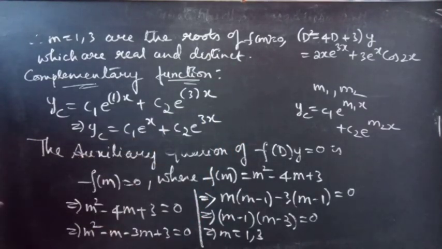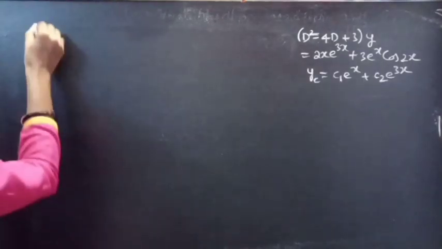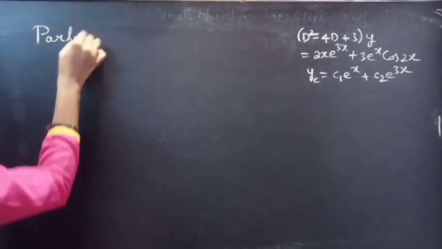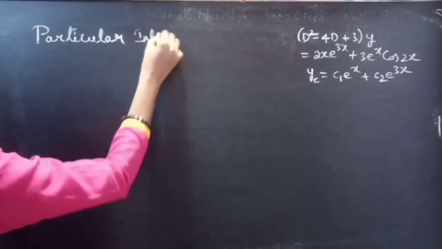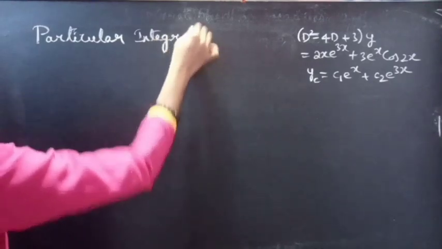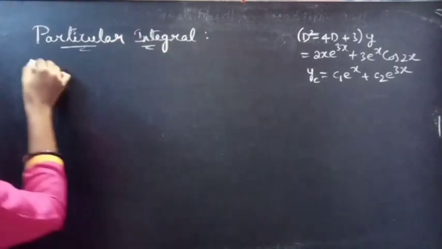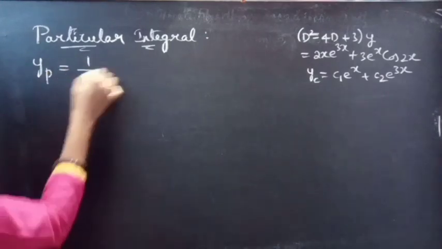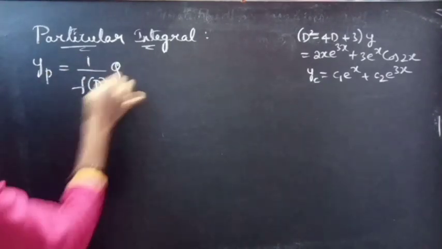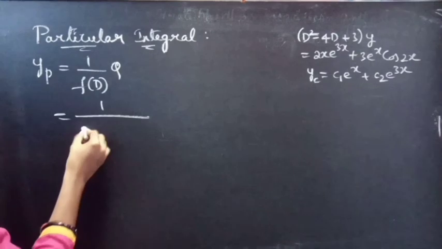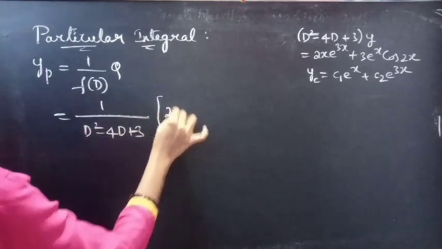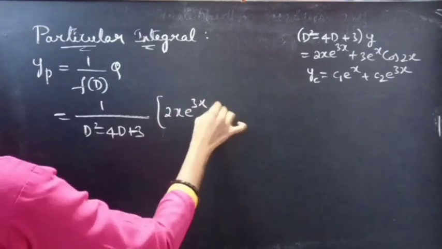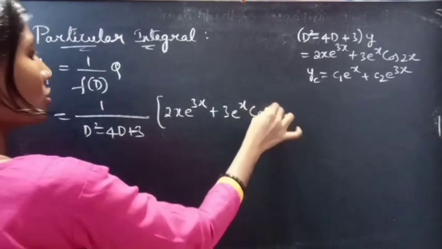Now let's find the particular integral. We can find the particular integral using 1/F(D) Q. We have F(D) and Q, where F(D) is D² − 4D + 3 and Q is 2x e^(3x) + 3 e^x cos 2x.